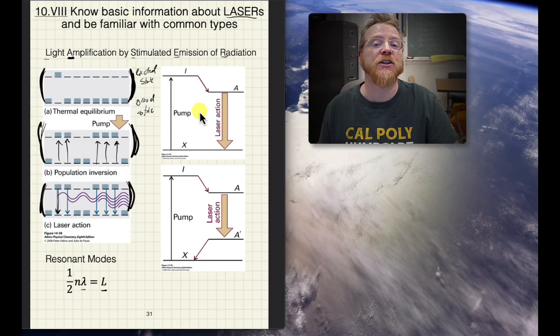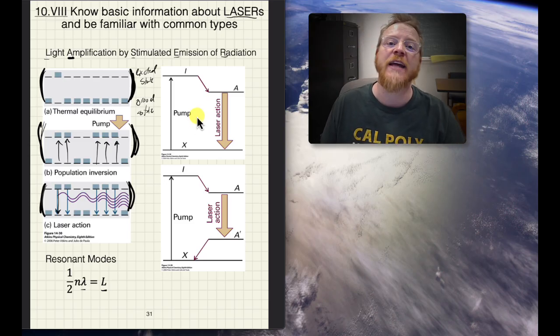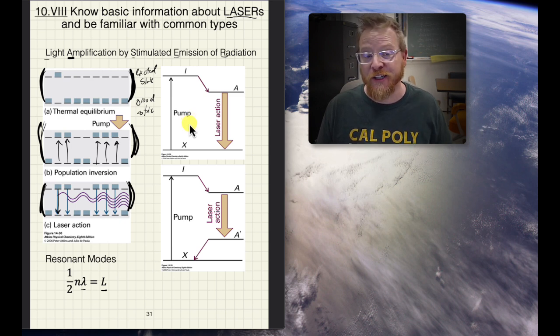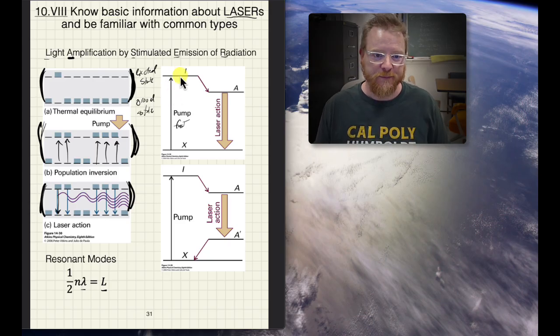This is not just a simple go up to one state and then crash back down. We need to have multiple states to create this population inversion. So our pump is fast. This process goes from the ground state to some intermediate state very quickly.